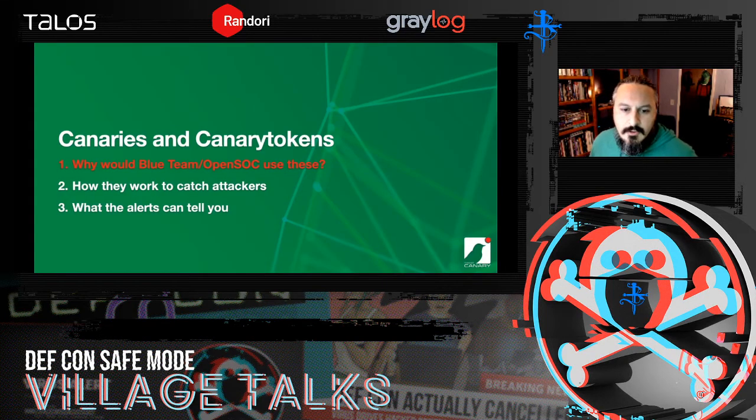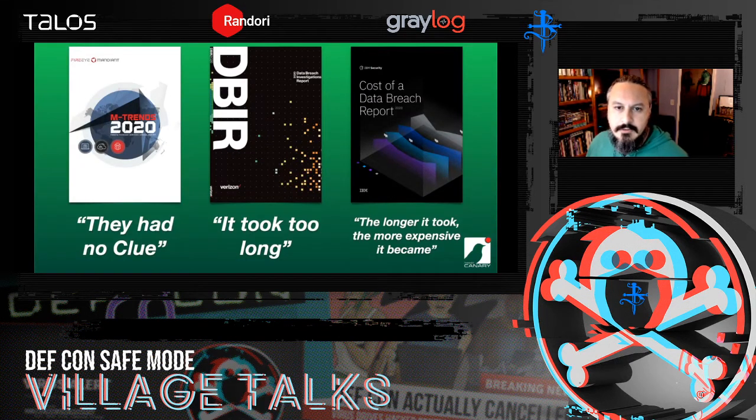All right, so talking about the context a little bit here, what are these and why would you use them in a blue team environment or OpenSOC? The goal here is to let you know as soon as the attacker gets in the environment. Over the last couple of decades, dwell time has been really long. Attackers are in environments way too long, and they go on undetected.